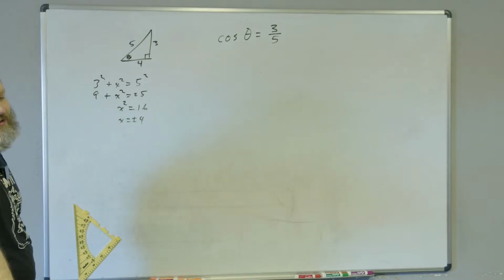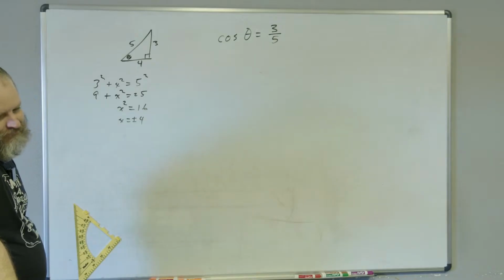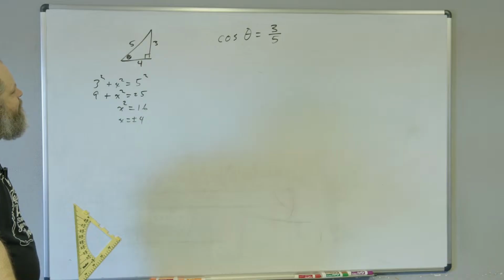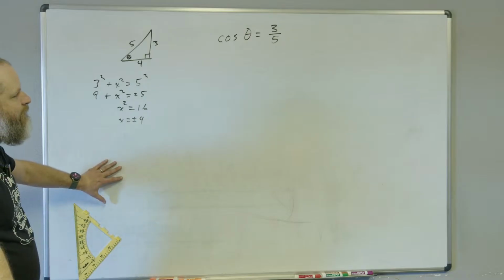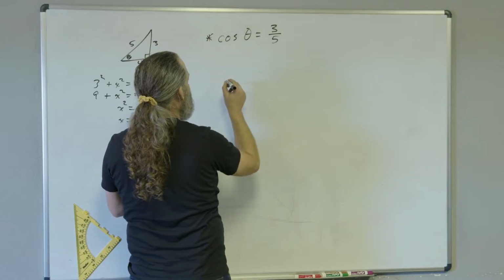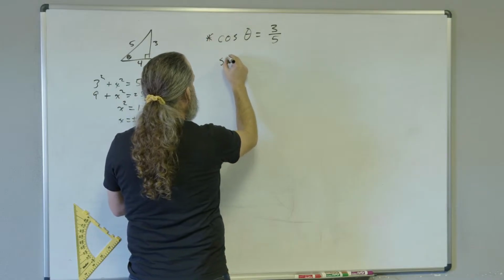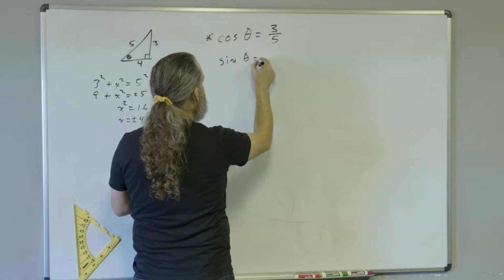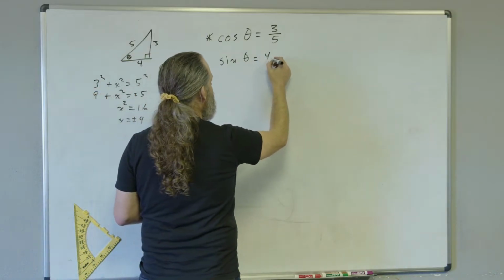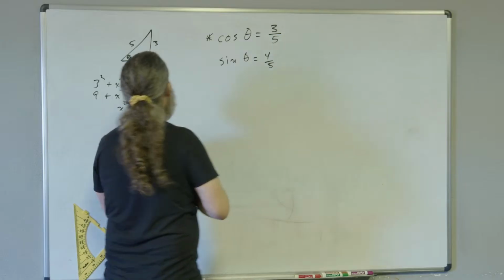Okay, now what could we do? Usually it starts out like this. What are we finding? We're finding sine of 2 theta, cosine of 2 theta, tangent. So if we double theta, let's get what we have. This is the starting place. What would be the sine of theta? 4/5. Wait, did we write that down?